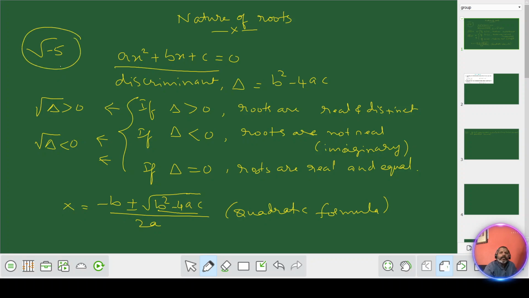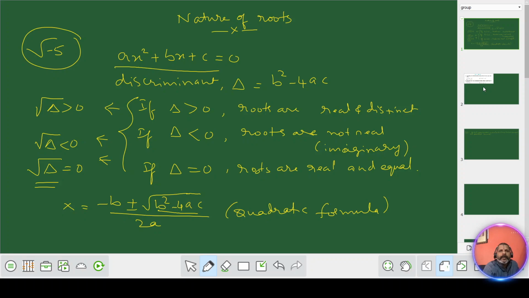It is out of scope to find the value of root minus 5, so we just say roots are not real. When discriminant is equal to 0, the square root of discriminant is 0, then we get roots as equal. Okay, we'll see how to find the nature of the roots for certain equations.